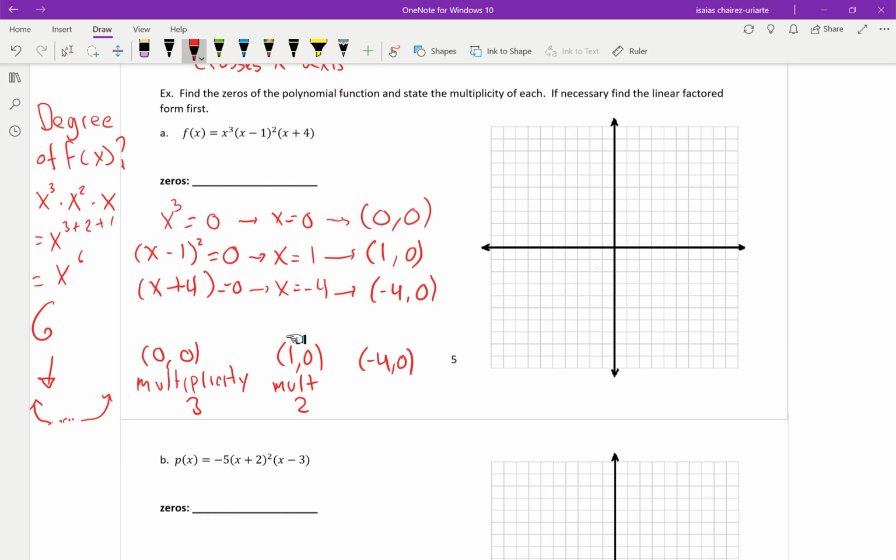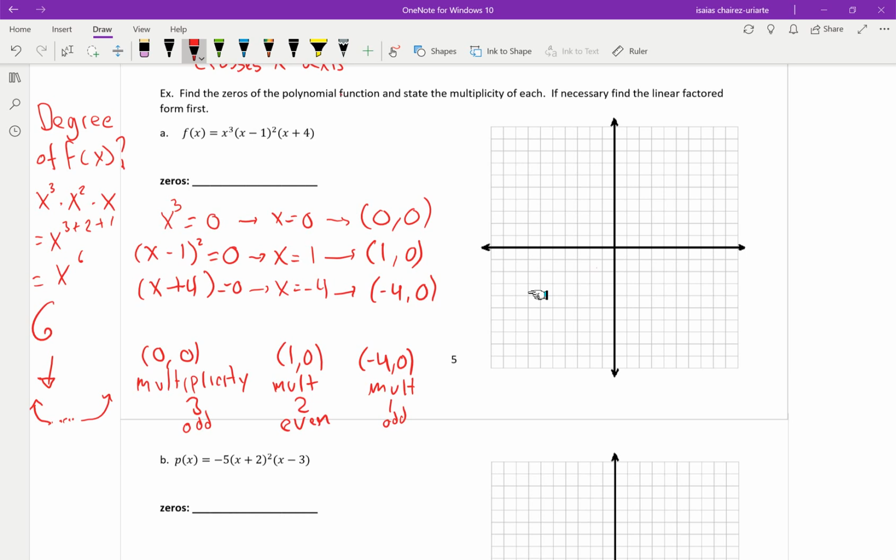This x-intercept corresponds to this linear factor, x plus 4. And the exponent here, even though I don't see any exponent, it's supposed to be a 1. So this is multiplicity 1. So odd, even, odd.